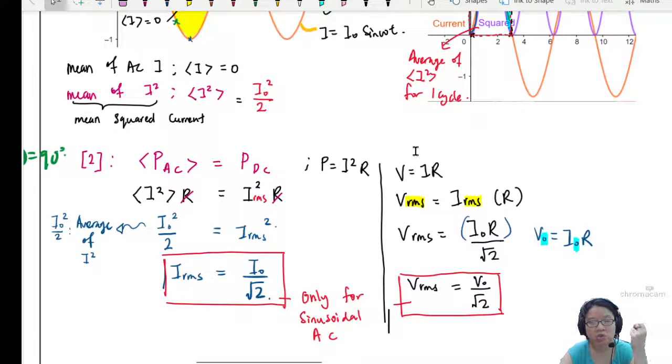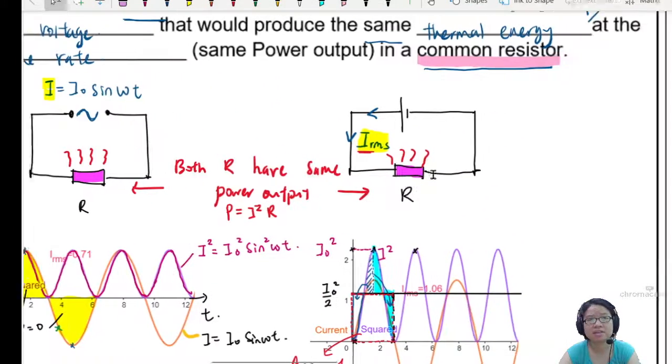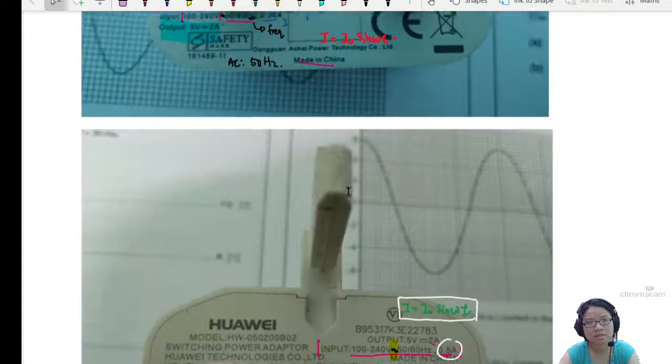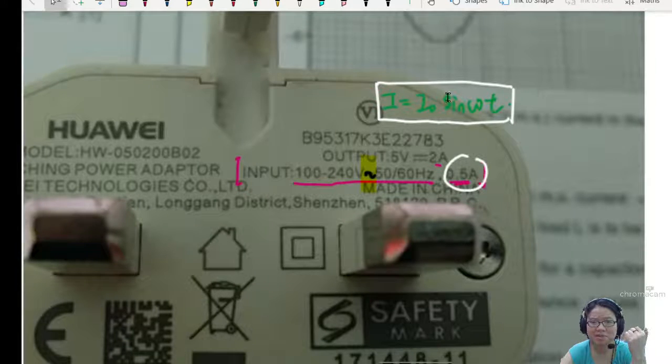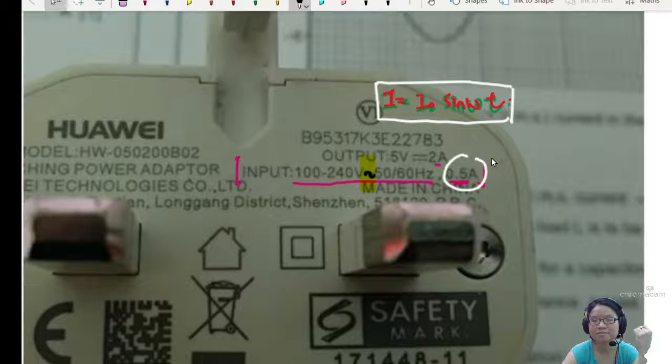All right. So what did we learn in this part? We learned that this 0.5 ampere is not the I equal to I naught. Your I is equal to I naught sine omega t.